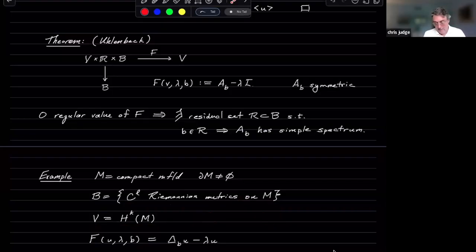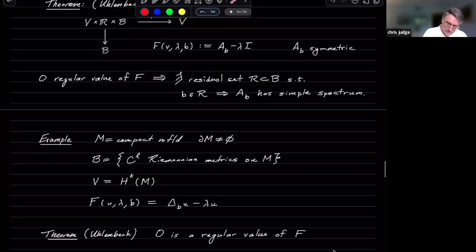I should also say that you need your map F to be, in that case, Fredholm. So this whole game you can play with transversality works very well if you have Fredholm maps, which, Fredholm maps between Banach manifolds are simply maps which, when you linearize them at the tangent space, become Fredholm linear maps.